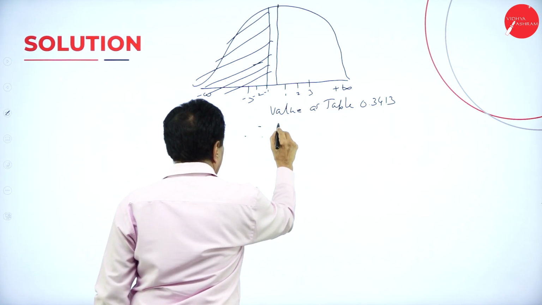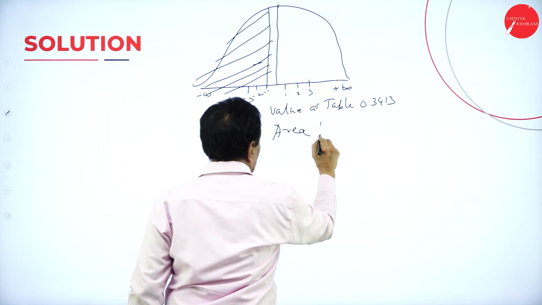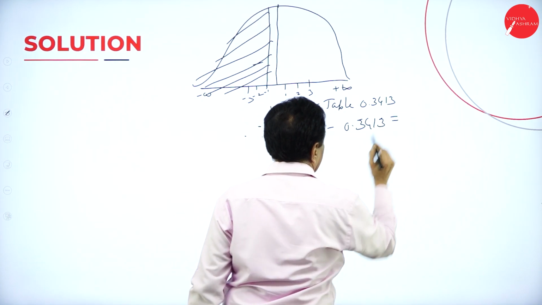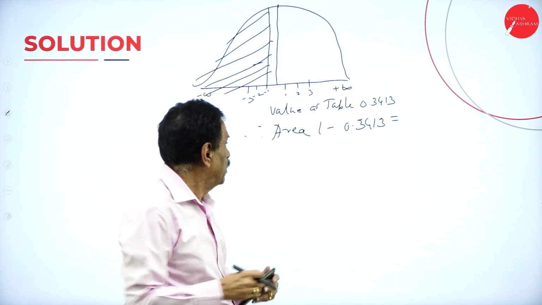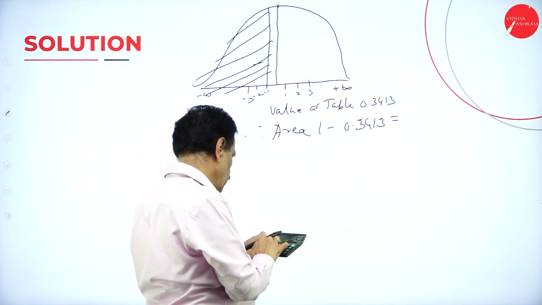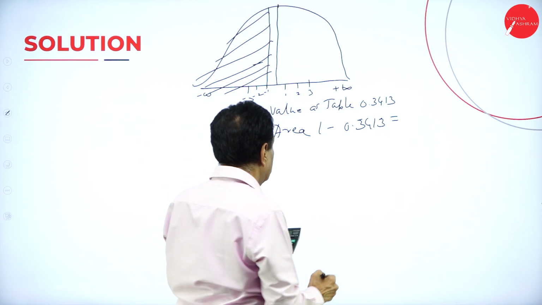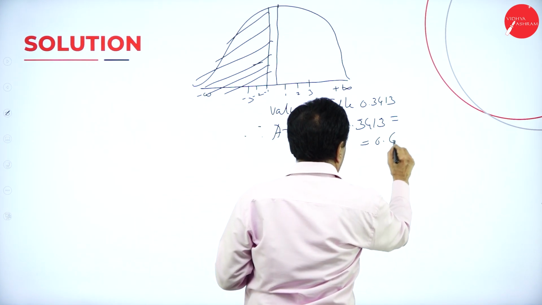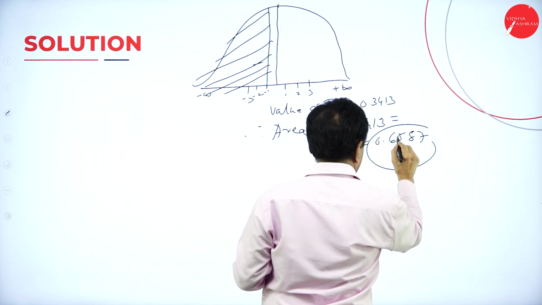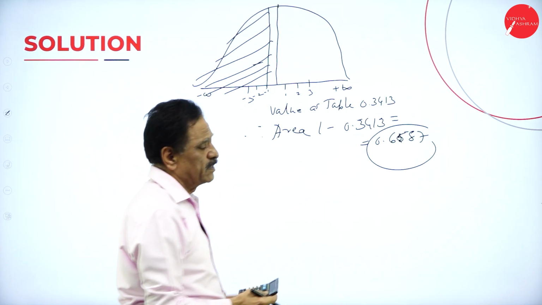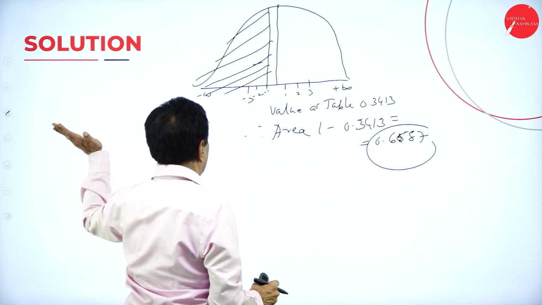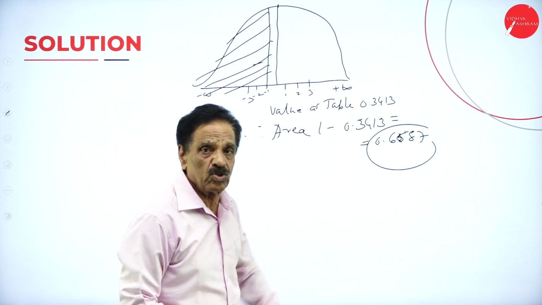Therefore the area is equal to 1 minus 0.3413, which is 0.6587. So this is a way of doing it. Less than means this side, more than means that side you have to do it.